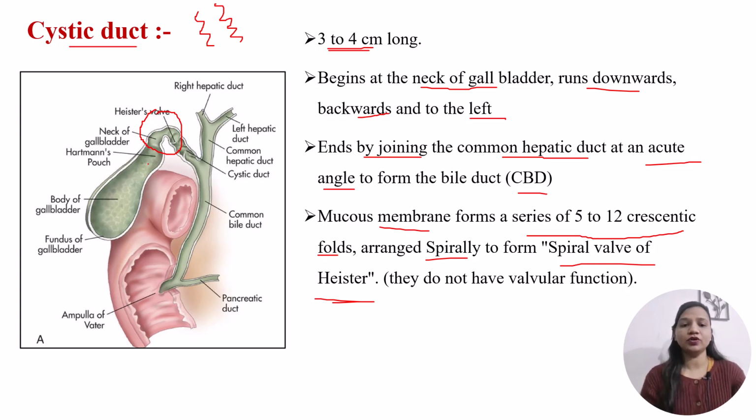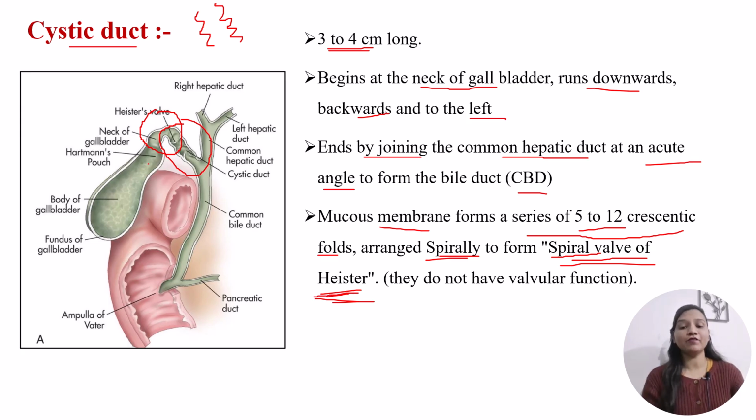Just like those folds, such mucus folds are also present in the cystic duct, and they are called the spiral valve of Heister. They are 5 to 12 concentric folds arranged spirally.